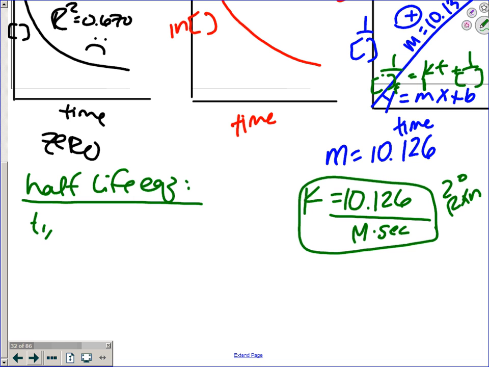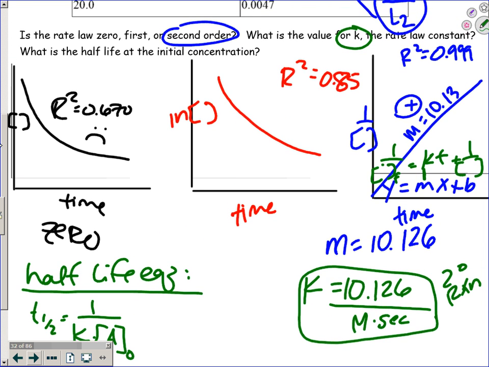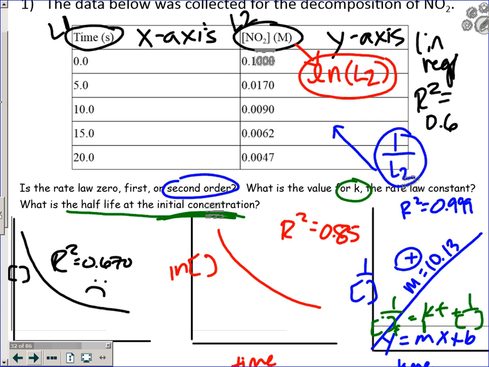Say again, Megan. Okay, that is the second order, right? I think it was the last one we did. All right, so can you guys calculate T1/2 for me? It did say the half-life at the initial concentration, so what is the initial concentration? Right, 0.1000 molar. That's the one you have to plug in because that's how it was phrased.